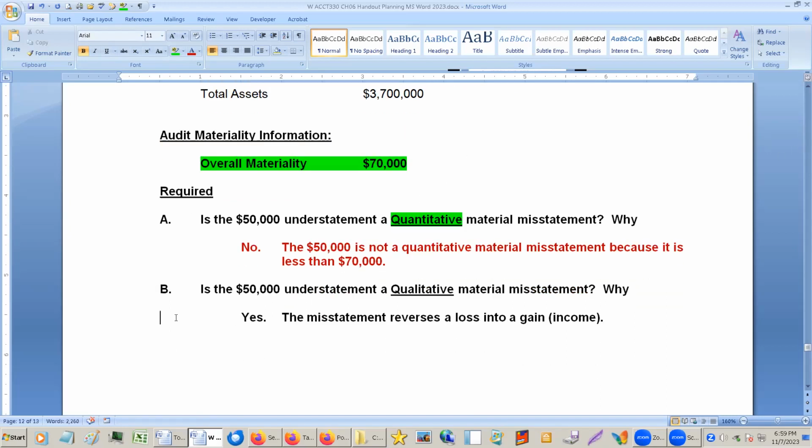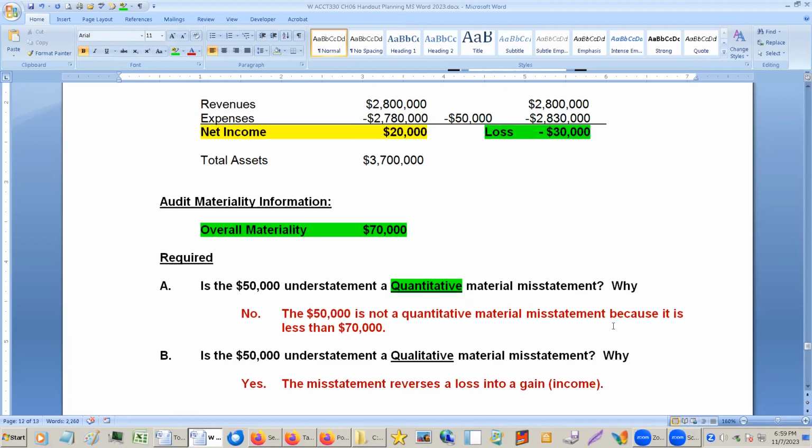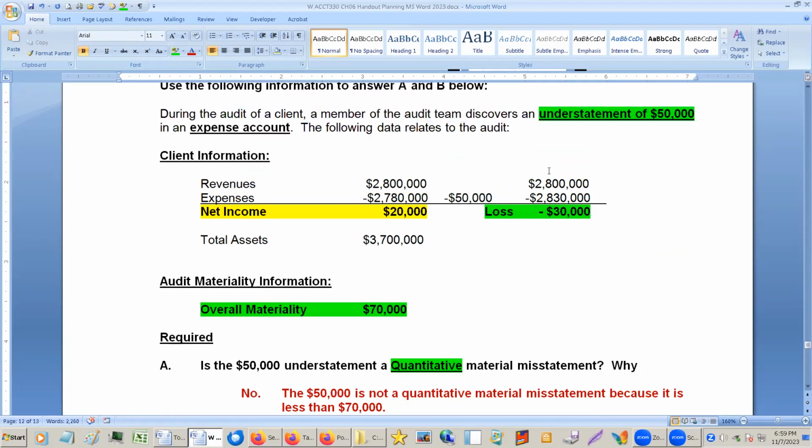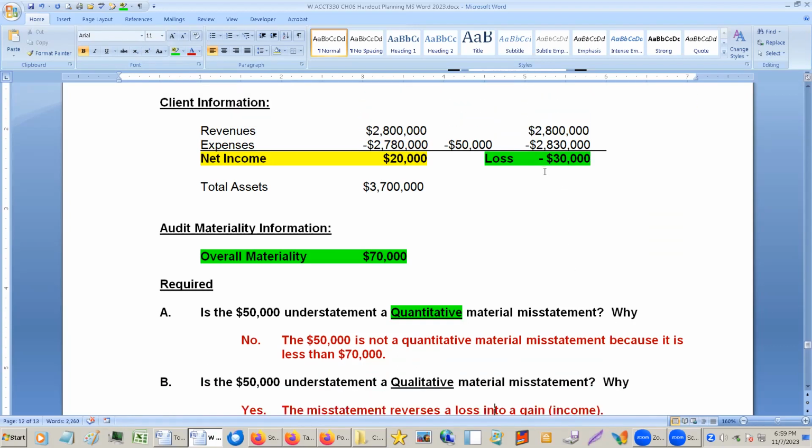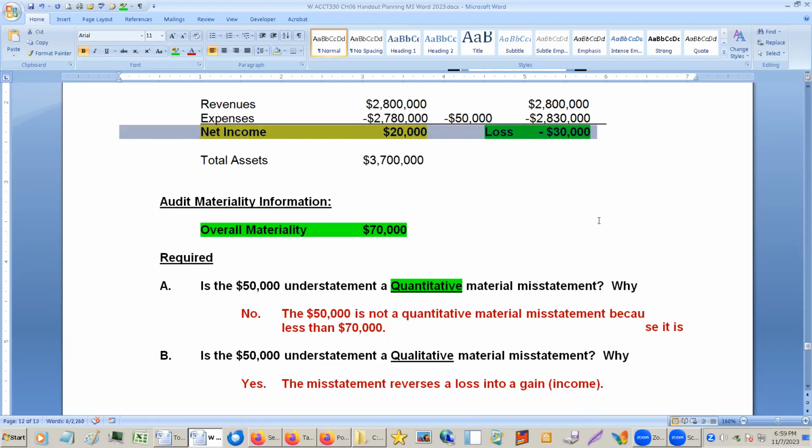So if it reverses a loss into a gain, in this case into income, then it very well could be qualitative. And this is one of the classic examples, that the idea is that a company that's profitable is different than a company that's not profitable.